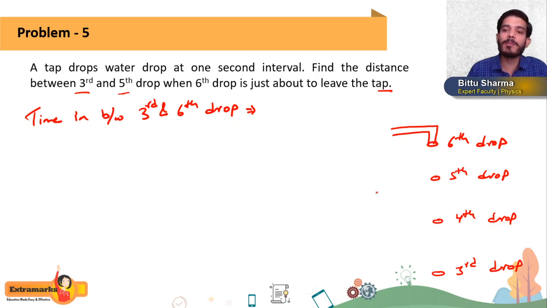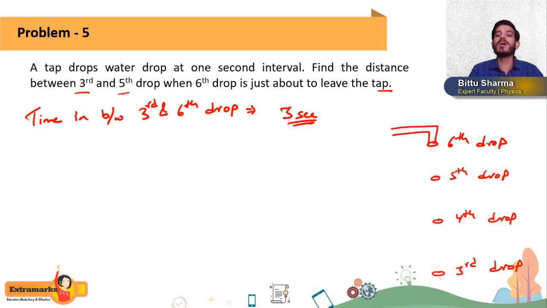When the sixth drop is about to leave, up to that, how much time did the third drop take? So it will be 3 seconds. Why? Because when the third drop was leaving, after 1 second, the fourth drop will leave. Again after 1 second, the fifth drop will leave. And then again after 1 second, the sixth drop is just about to leave. Getting or not? So total time is 3 seconds.